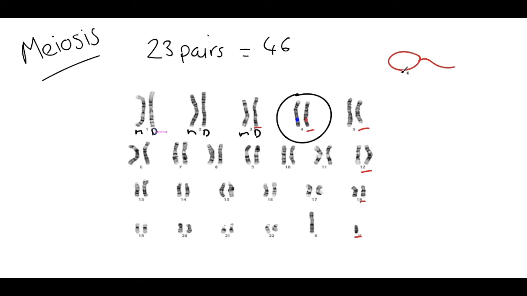Okay, so there'd be 23 chromosomes in this, not 23 pairs. And then mum's egg, which would be much bigger than that, would also have 23 chromosomes in it, but it would have the other one, like this. And then when these two fuse together, it's going to make this 46 number. Hope that makes sense.